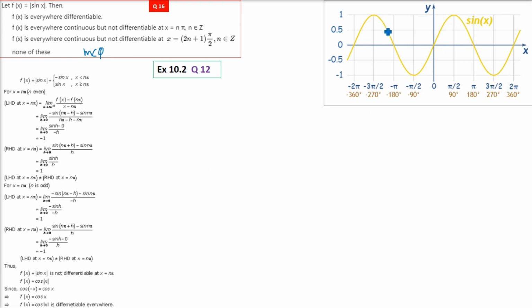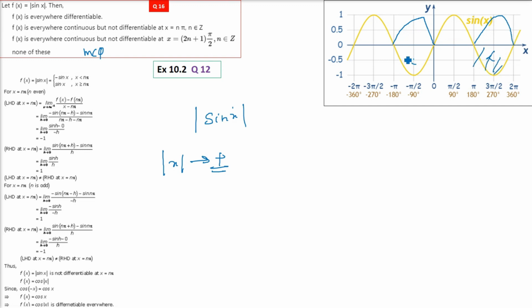But you see this graph, and in this graph it is very clear that when you have sin x, this is a function. Modulus of sin x means there will be nothing on the negative y-axis, because modulus of anything will always give you a positive value. So these parts below, crest or trough, whatever you call, are going to go up.